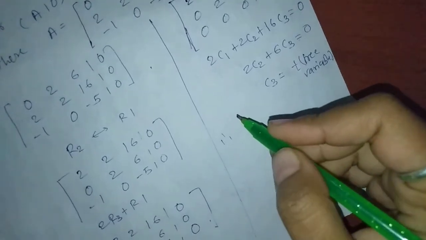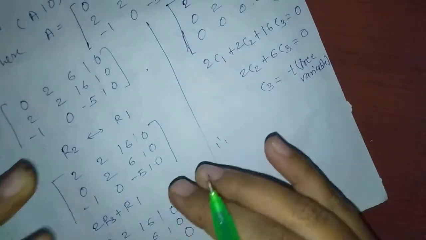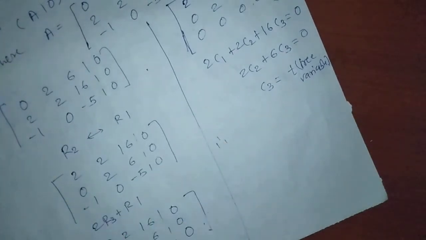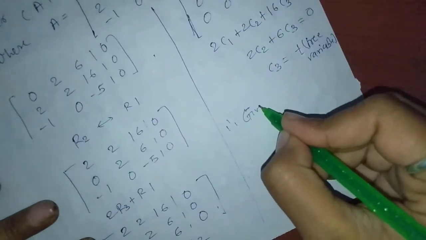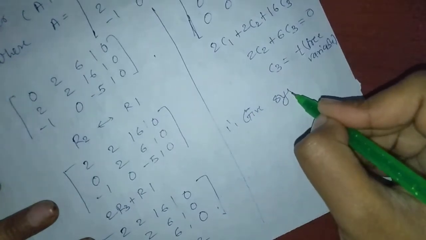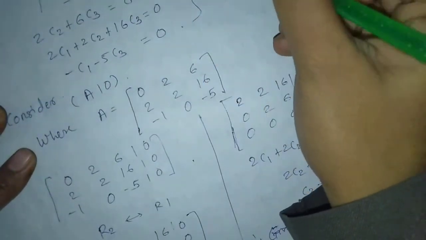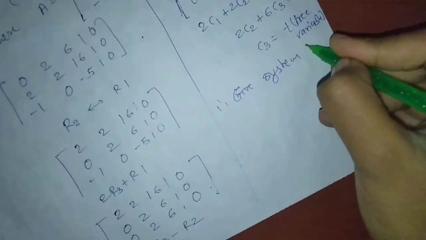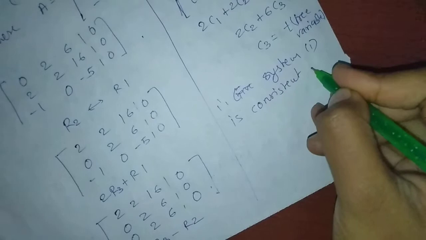Therefore, here there is no need to calculate c1, c2, c3. We only need to know whether the given system is consistent or inconsistent. The given system is consistent, which means it has a solution.